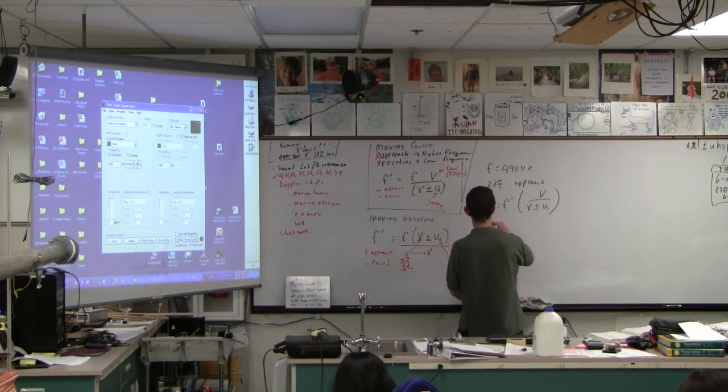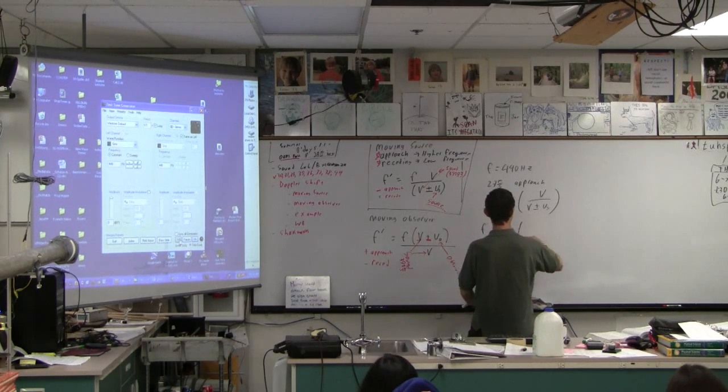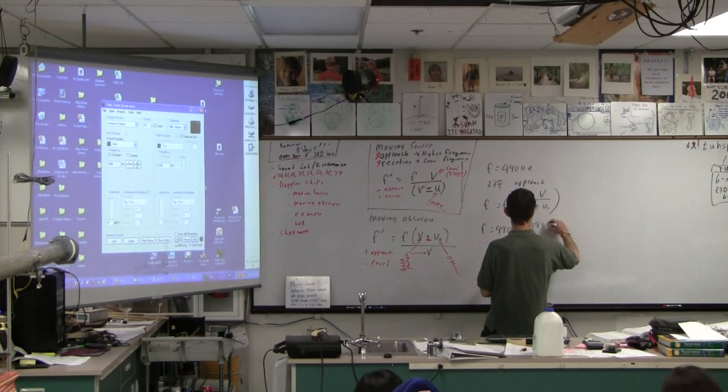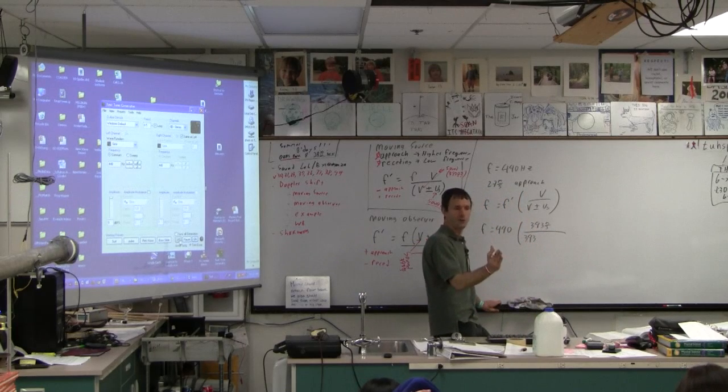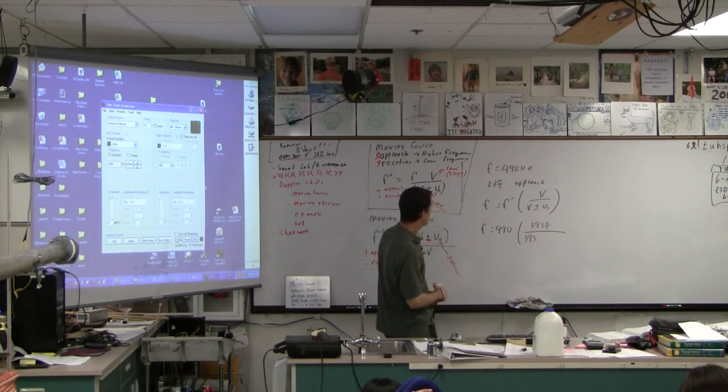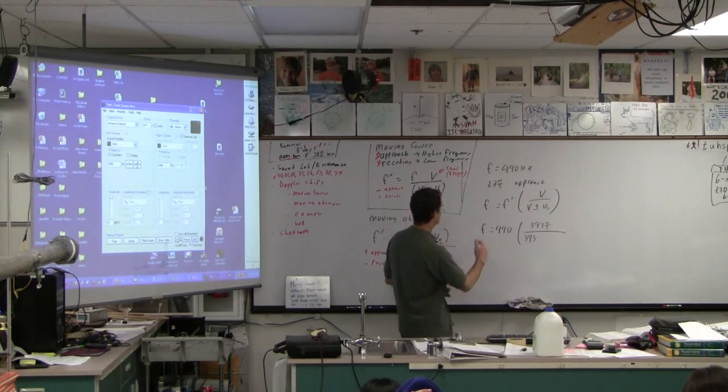So let's just plug this in. For approaching, the frequency is going to be 440, and then let's assume it's 343 for the velocity of sound. And then it's going to be 343 over... for approach, we want a higher frequency, correct? So we better make the denominator smaller. Wait, wouldn't the 440 go on the original? Oh, smart aleck, yeah.